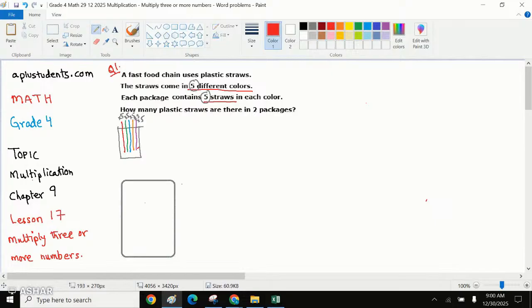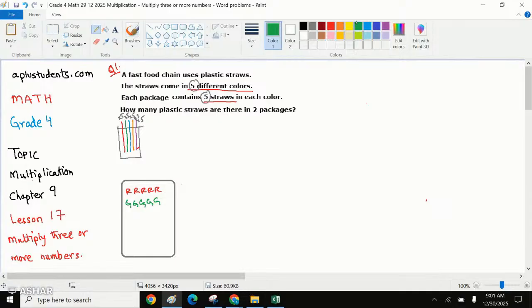There were 5 straws of red, right? So we can write red straws, 5 red straws, 5 green straws. Sorry, I'll just write G for green straws.